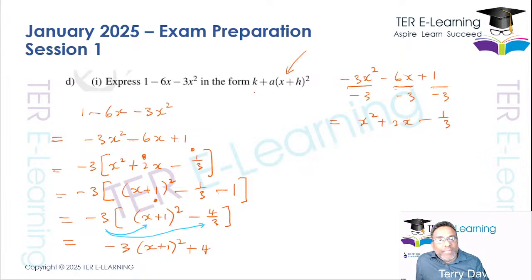Now CXC may ask us to write it in this format here. So I'm just going to write it a little differently. So it's going to be 4 minus 3 by x plus 1 squared. Now this is usually a difficult question for most students.